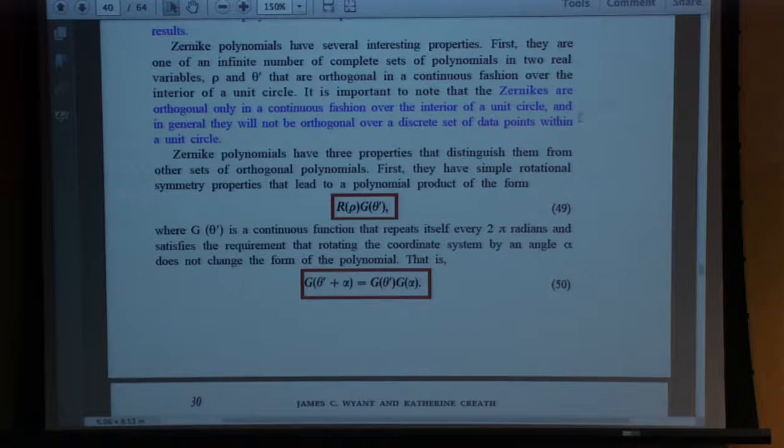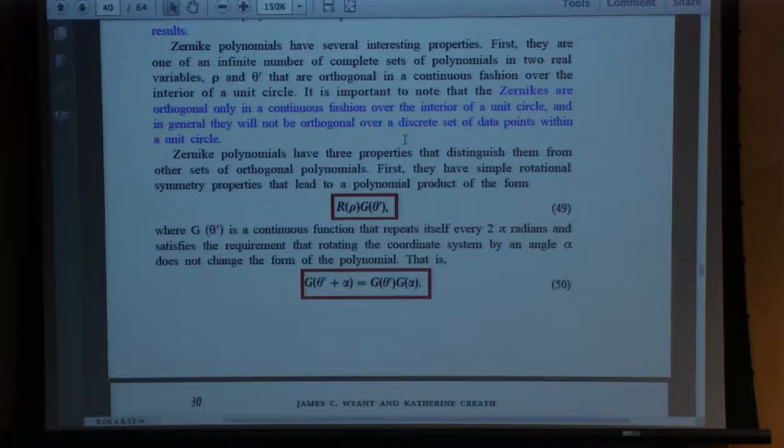The point here that I'll stress a couple of times is that these Zernikes are orthogonal only in a continuous fashion and only over a unit circle. So if I have a discrete set of data points within a unit circle, the Zernikes are not orthogonal over this discrete set of data points.